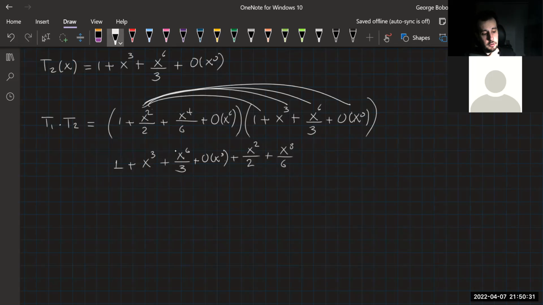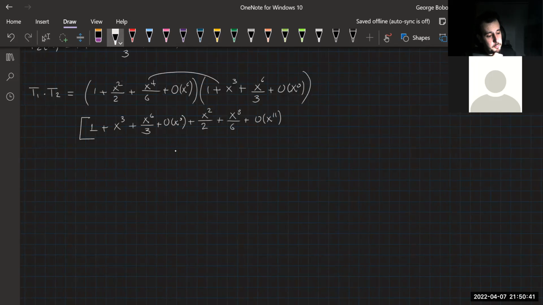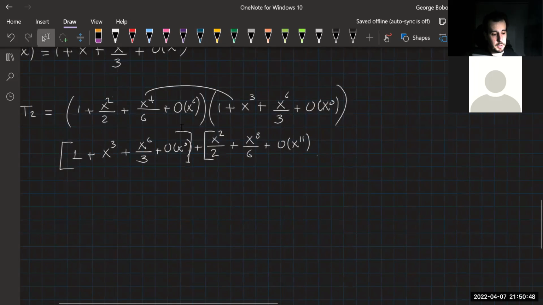So now I was here. And so I would get other terms of x to the 11 here from that one. Now I do this one. I'll break them into brackets so you can identify which ones we did. Okay.